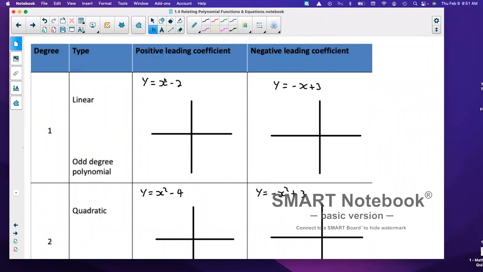So if we have a positive leading coefficient with a linear function, our graph is going to look something like this. Because remember that if we have y equals mx plus b, essentially, as long as this is positive, we're going up as we go to the right. If we have a negative leading coefficient, it's going to go down as it goes to the right. So we'd have a graph that looks something like this.